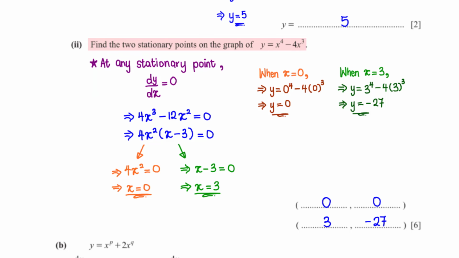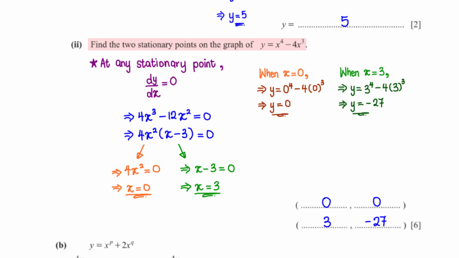When we differentiate y equals x raised to the power 4 minus 4x cubed, we get dy/dx equals 4x cubed minus 12x squared, which we equate to 0. 4x squared is common to both terms, and so when we factor that out, we are left with x minus 3. When we equate 4x squared to 0, we get x equals 0. And when we equate x minus 3 to 0, we get x equals 3.